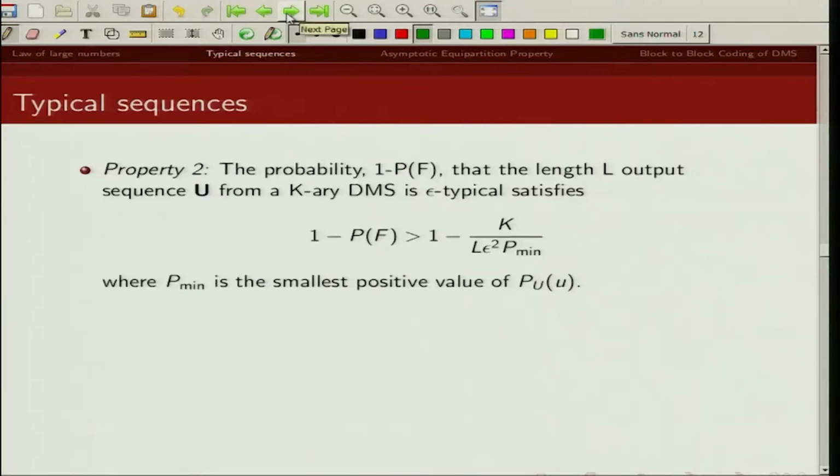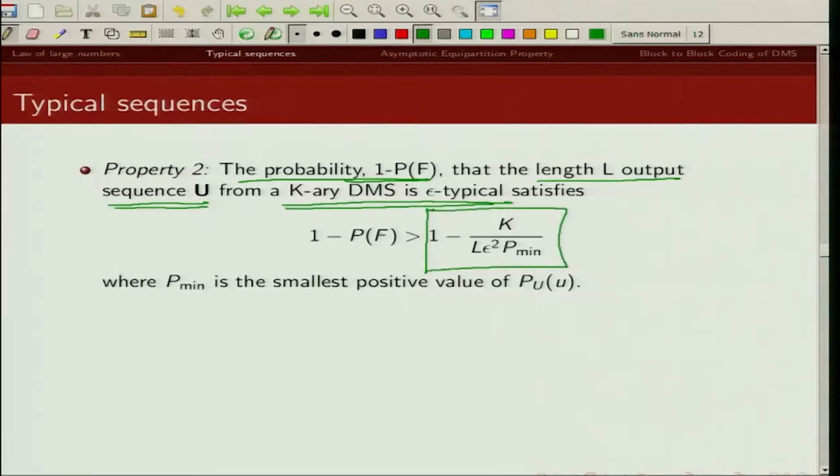The next property that we are going to show for a typical sequence is as follows. The probability 1 minus P_f that a length L output sequence coming out from a discrete memoryless source is an epsilon typical sequence is lower bounded by this quantity: 1 minus k divided by L epsilon square P minimum, where P minimum is the smallest positive value of P of u.